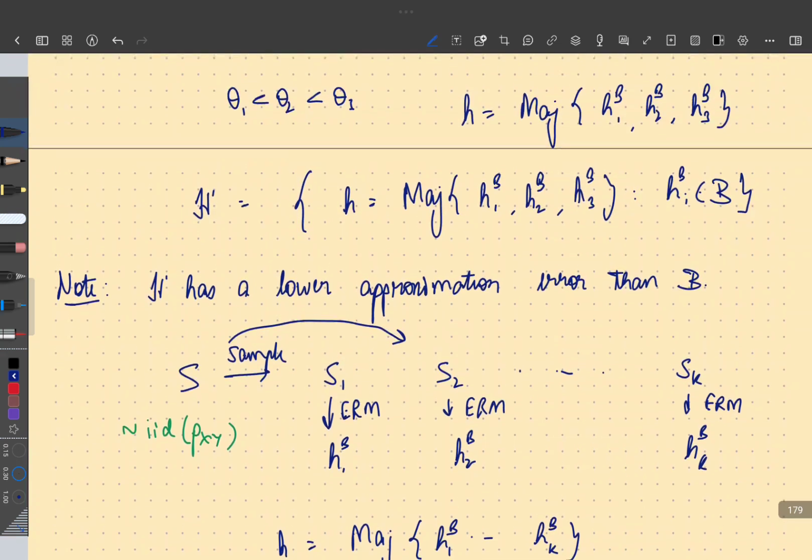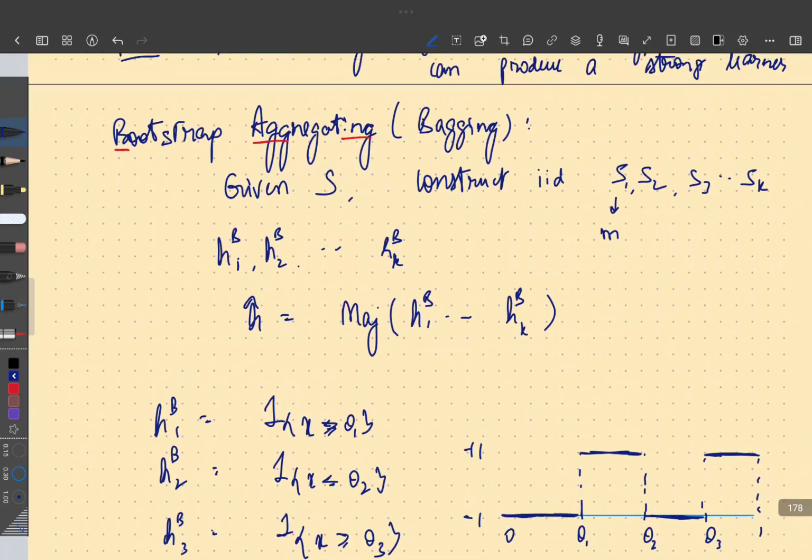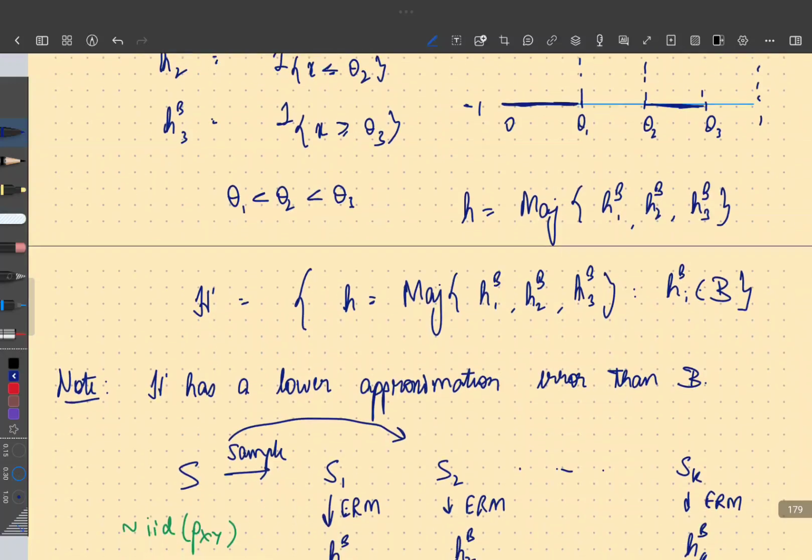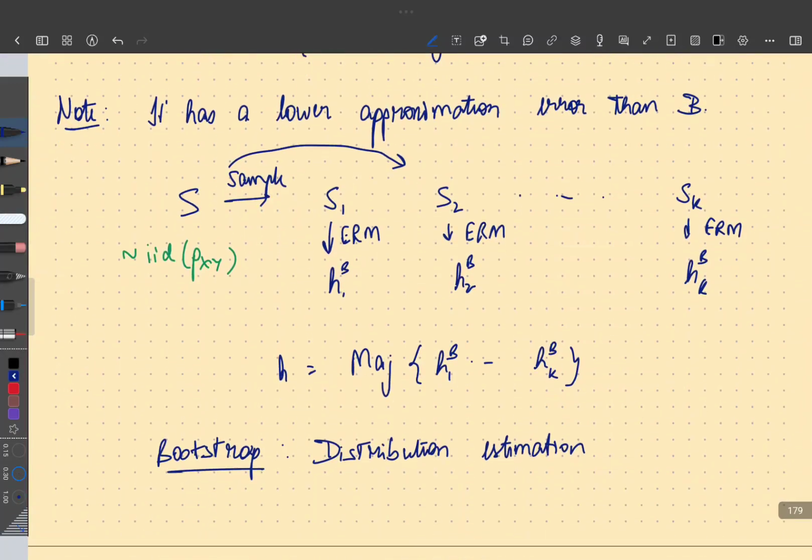We won't spend any more time talking about bagging specifically, but that's how bagging derives its name, bootstrap aggregation. All right. So that's one way. Basically the idea behind bagging was you have the data set, you resample from this data set S to create new data sets S1, S2, S3 up to Sk. You do ERM on each of these data sets to get H1b, H2b, and so on, and then you combine them through just a majority vote.